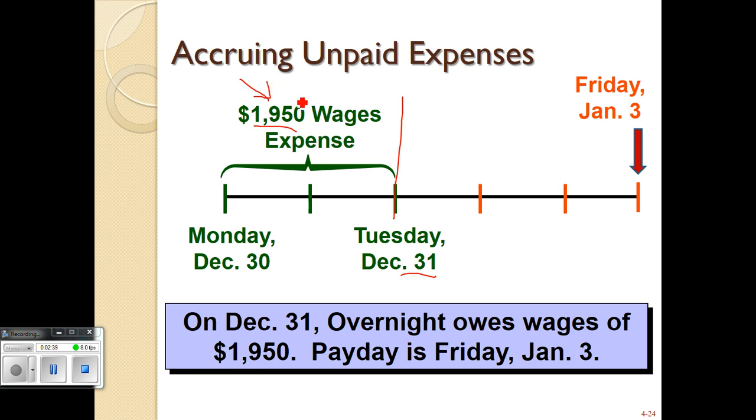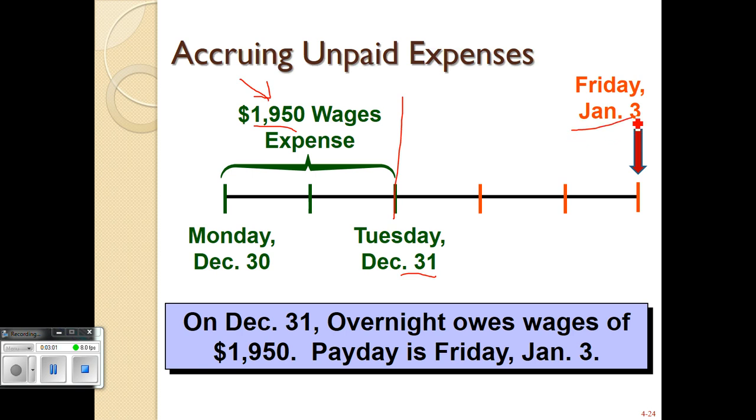So it's only fair I do an adjusting entry to reflect the fact that my employees worked Monday, Tuesday. I had revenue for Monday and Tuesday. Let's match those revenue with those expenses, in this case salaries, and let's reflect the fact that when our year ends on Tuesday, December 31st, I owe my employees $1,950 for the time they've worked.